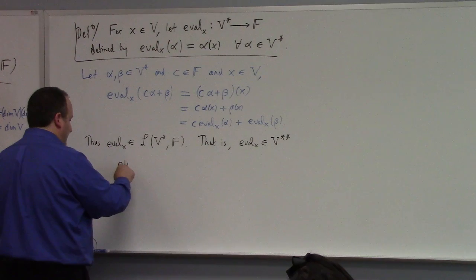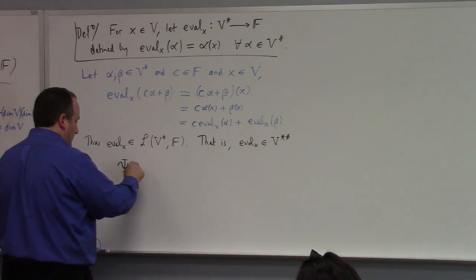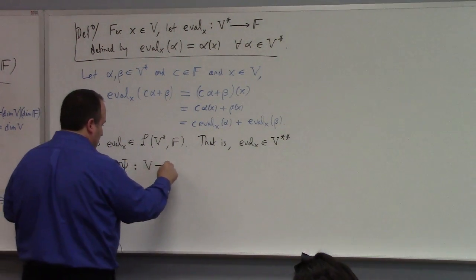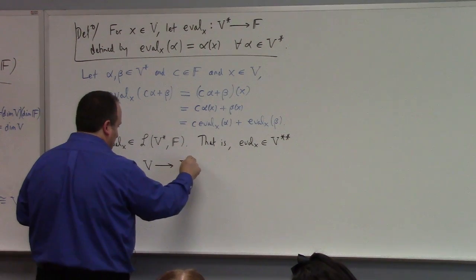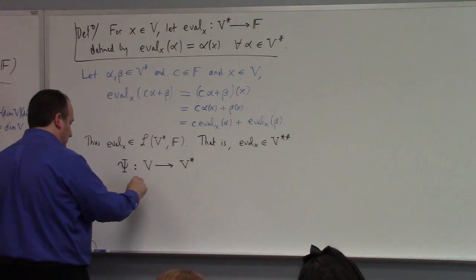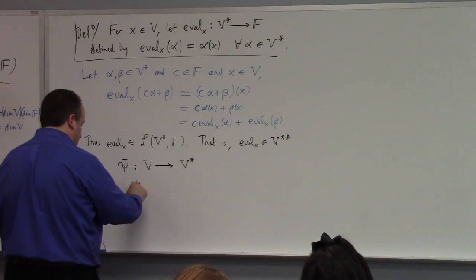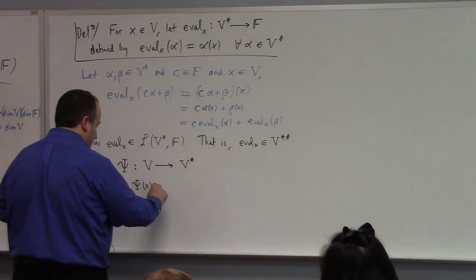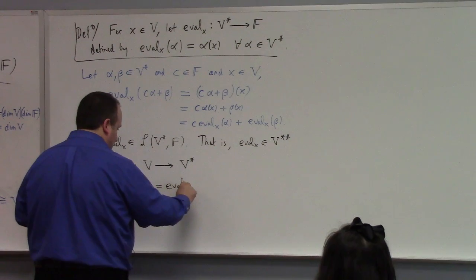So we can define a mapping psi from a vector space to its double dual. And how is it going to go? Basically, we just do psi of x equal to eval x.